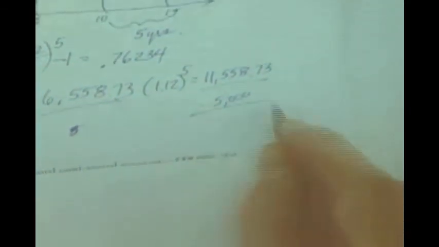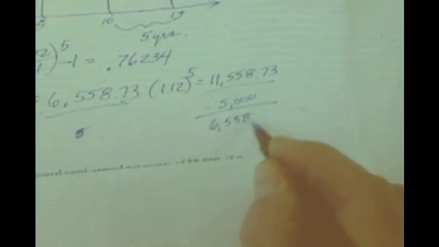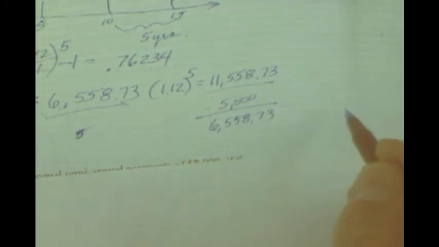And so, you see, you could take your $5,000 out of that account, you'd be left with $6,558, and it could earn interest over the next 5 years and grow to $11,000 again.